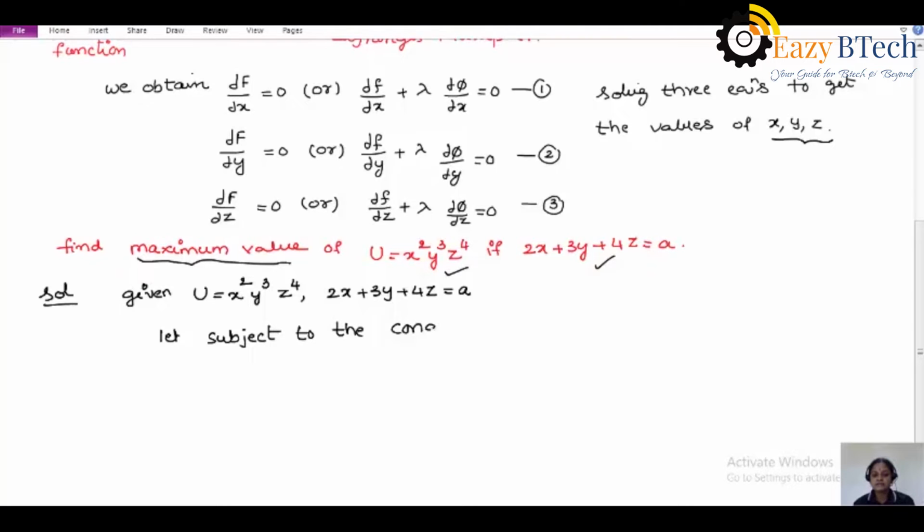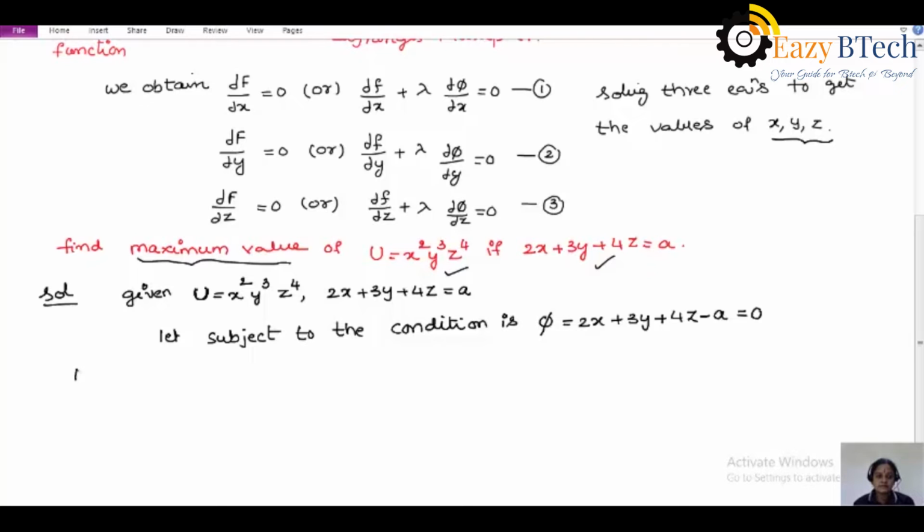The condition phi is 2x plus 3y plus 4z minus a is equal to 0. It is the subject to the condition. And u is the function, and the subject to the condition phi is there here.